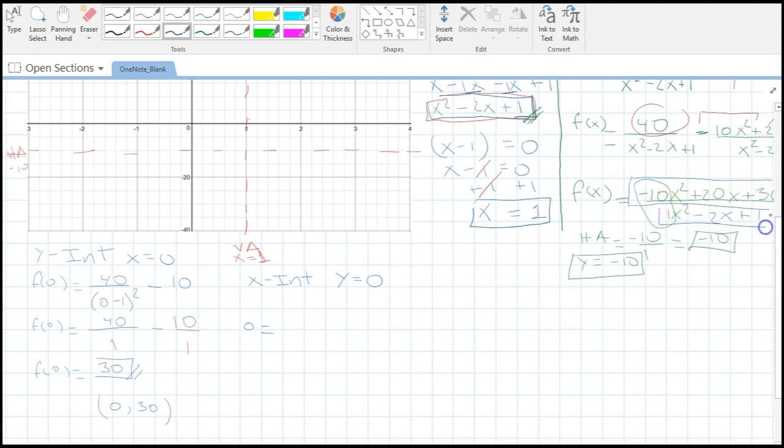So I'm going to rewrite it. It's negative 10x squared plus 20x plus 30, all that over x squared minus 2x plus 1.